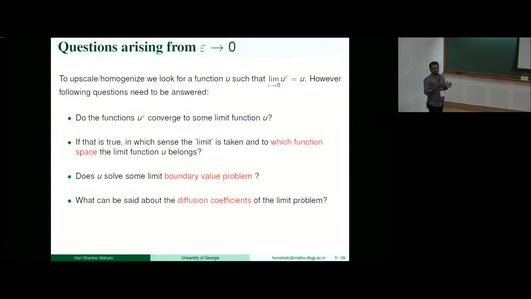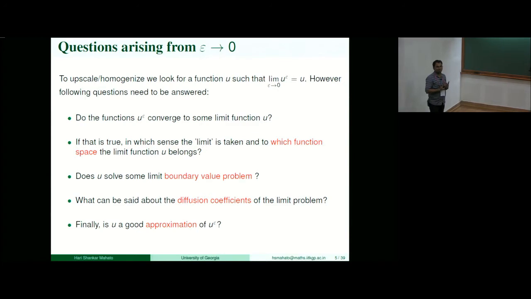What can we say about the diffusion coefficients, because d epsilon also depends on the scaling parameter epsilon? And finally, when you do the averaging, is the averaged or upscaled u a good approximation to your u epsilon or not, that is, whether the homogenization is worth doing. All these questions can be answered step by step when we do the homogenization.